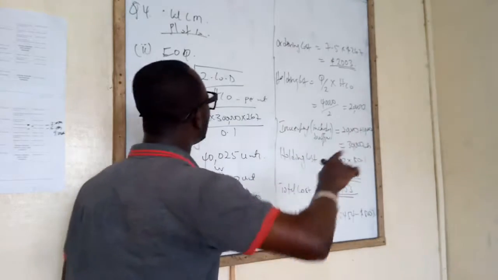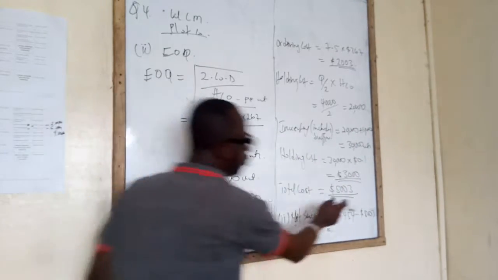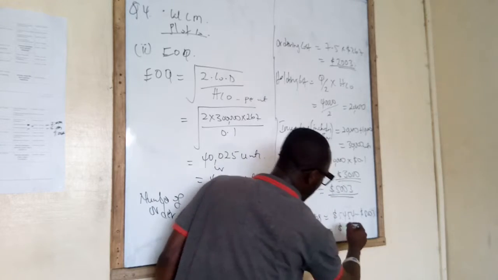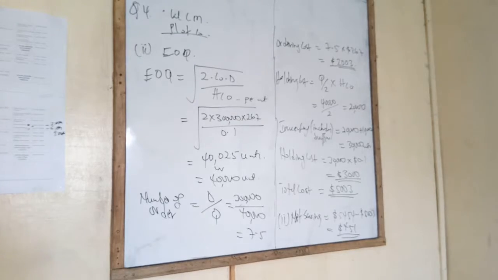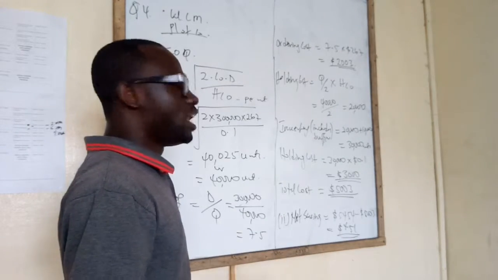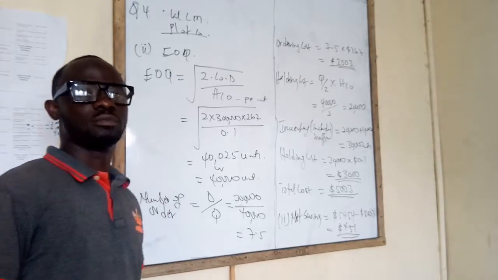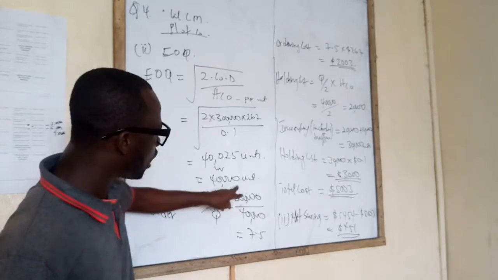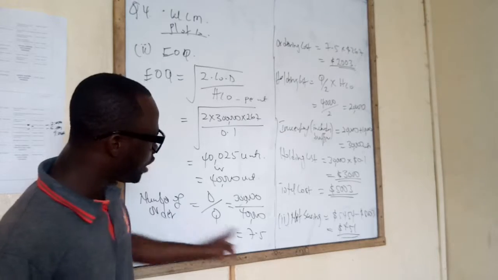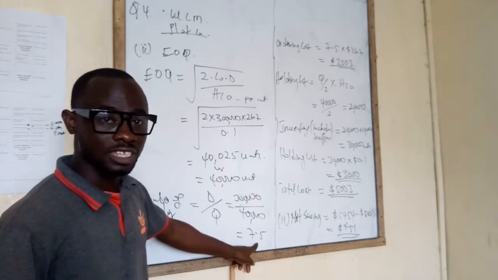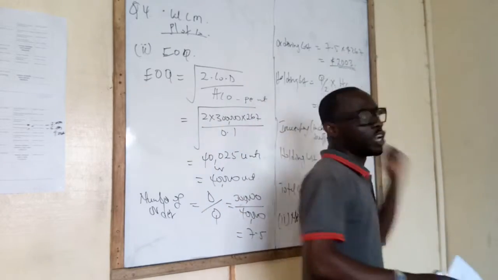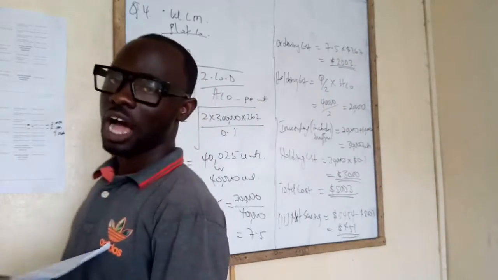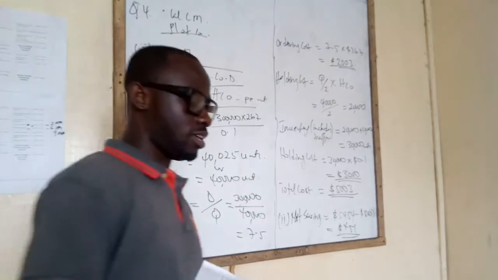So the difference is 451. That will be the cost saving the examiner said we should calculate, because it is better for us to do EOQ than to order every month. With the EOQ of 40,000, during the year we will do just 7.5 orders. But if we order every month, we will be doing 12 orders, and that will affect our figures there.